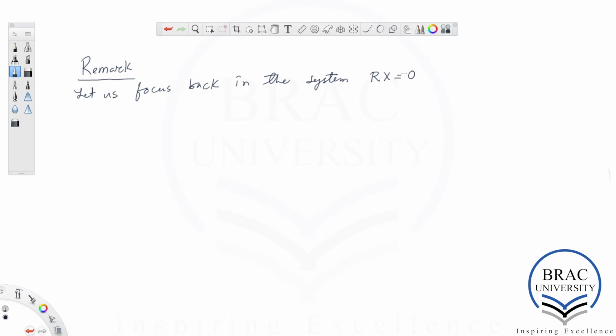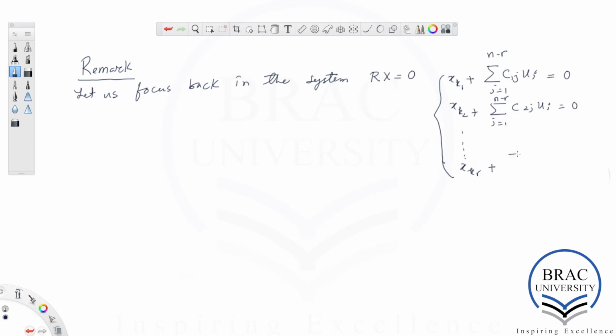Which we wrote as, remember, I'm writing it again, x sub k1 plus sum over c1j uj, j running from 1 to n minus r, and we set it to 0, x sub k2 plus sum of c2j uj, j running from 1 to n minus r, we set it to 0, and all the way down to x sub kr plus sum over j from 1 to n minus r, c rj uj, we set it to 0. Okay, this was the system.